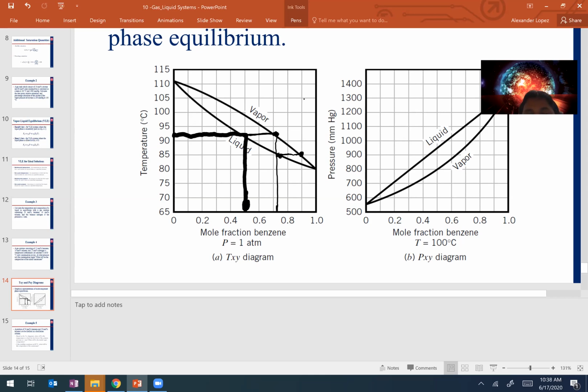So which point do you think corresponds to the right composition? Is it going to be the same composition as that vapor? Or is it going to be that liquid composition?